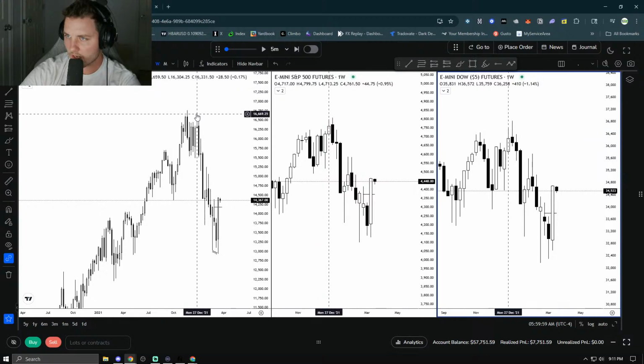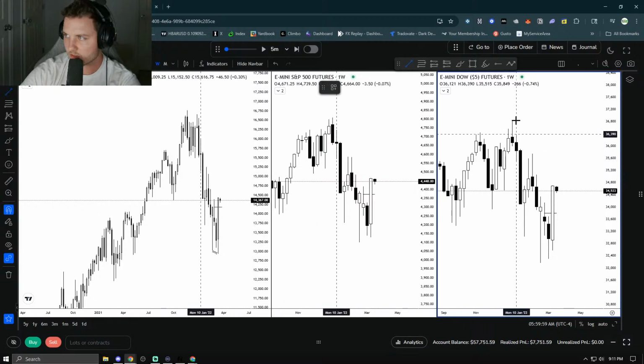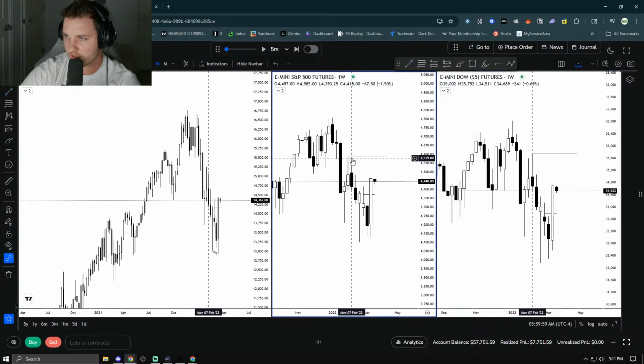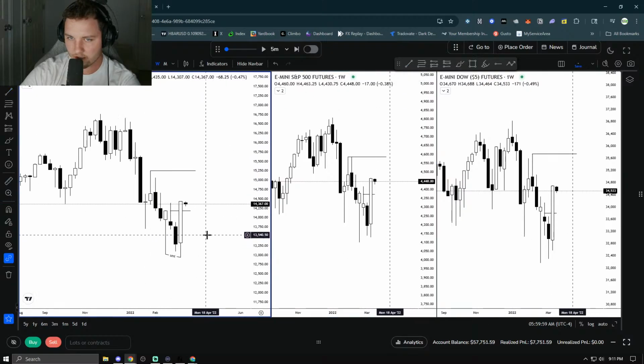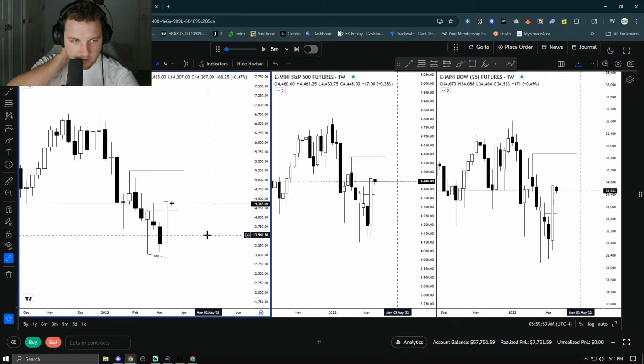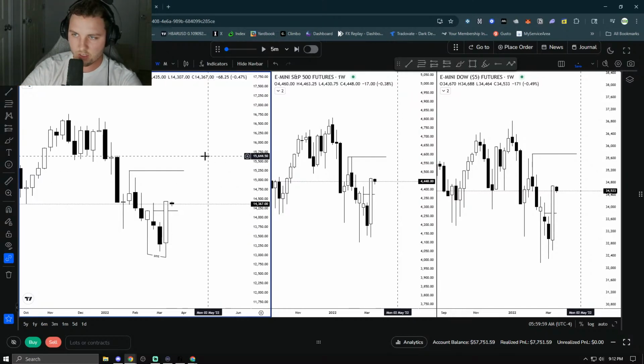Yeah, so all of them have the same exact draw. So we'll just mark this because this is relevant. We have equal highs on ES and relative equal highs on NQ. Okay. So this is our relevant swing level.